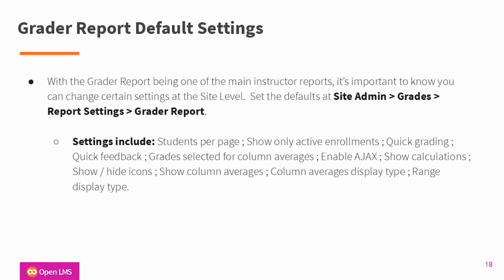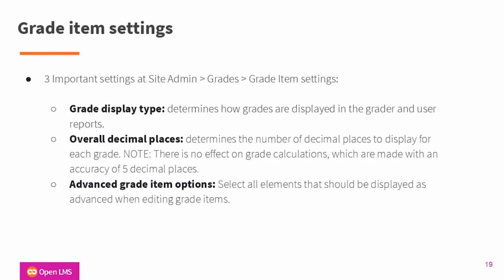Then grade item settings. Again, this is another sub area of grades that's important to know about. I think it's going to be found by going to site administration, grades, and grade item settings. And then just a couple highlights here. The grade display type. So how are grades displayed in the grader and the user reports?